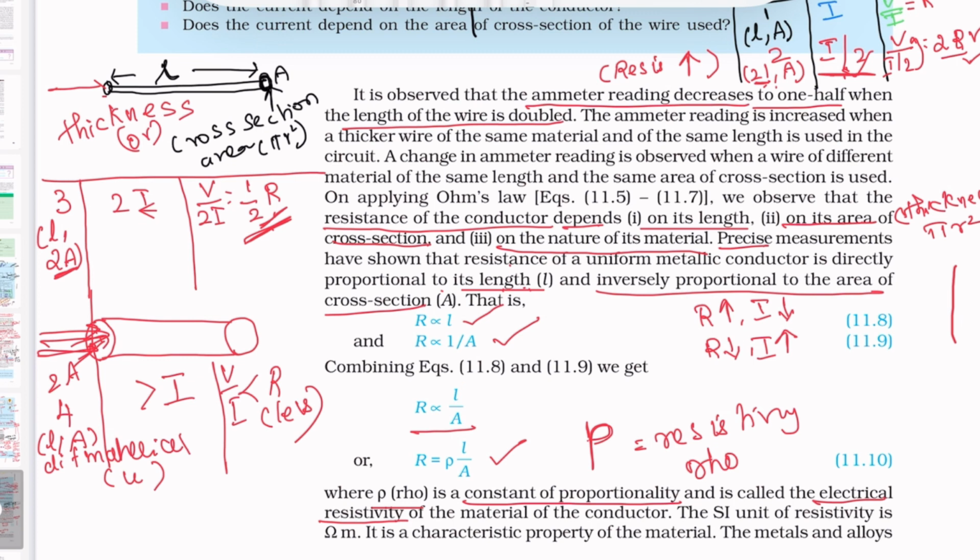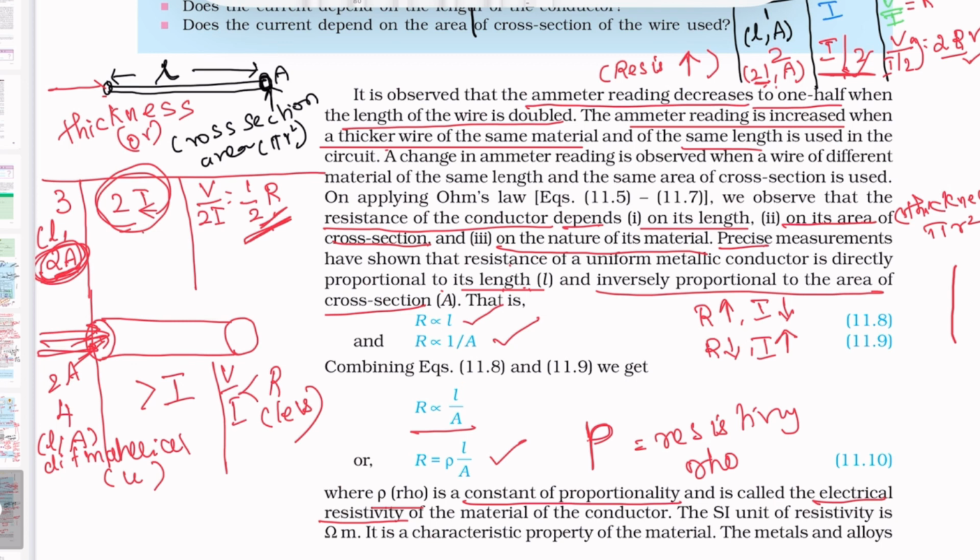You see, now the ammeter reading is increased. My current is high when I increase the cross section area, so the ammeter reading is high for a thicker wire of the same material. Thicker wire means thickness refers to the cross section area. So instead of A, I have used 2A. My current is increased, but the length is same.